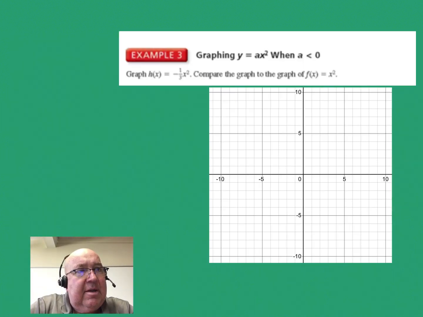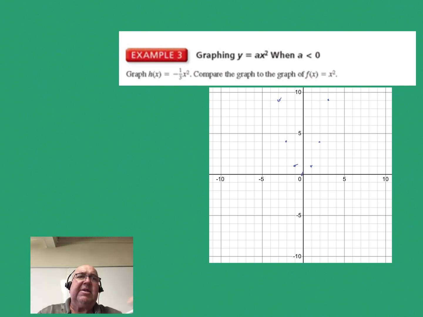So here I'm going to graph our first graph that we compare to. Okay, so there's our x squared. We want to look at negative 1/3 x squared.